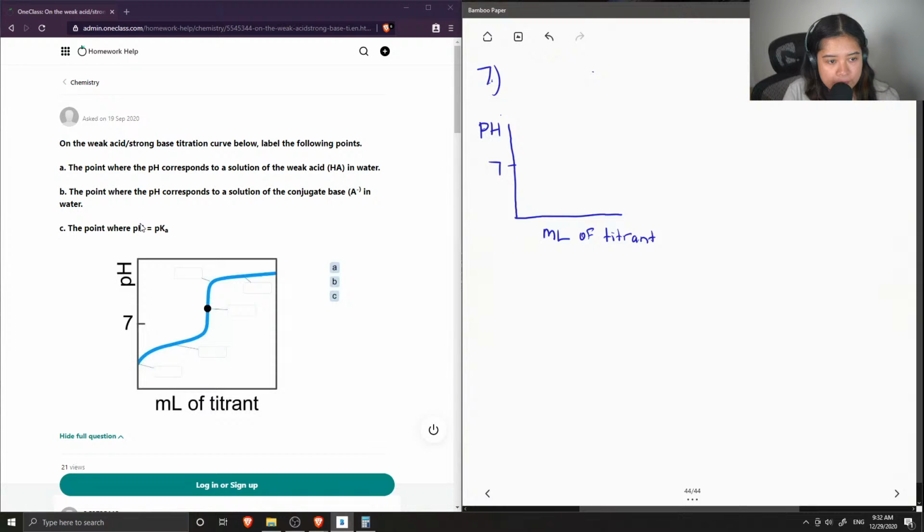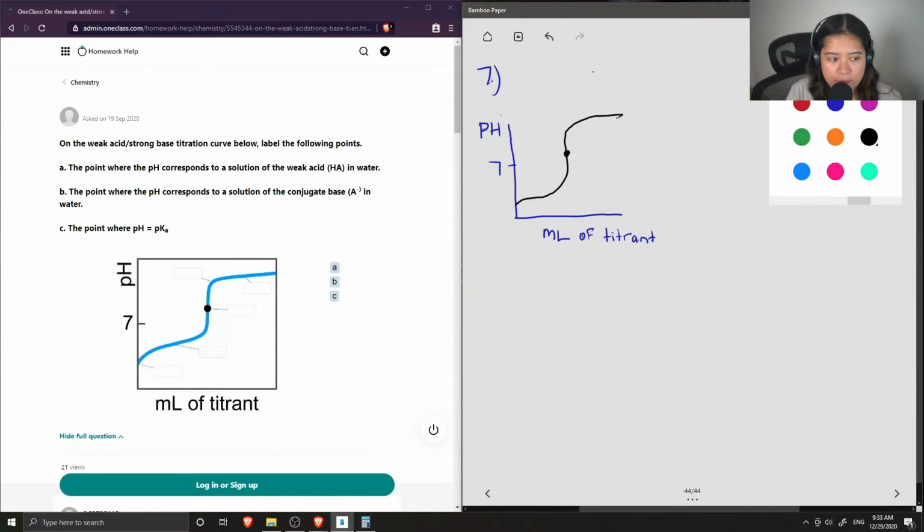And the graph looks like this. So this is what the graph looks like, and we just need to label A, B, and C.